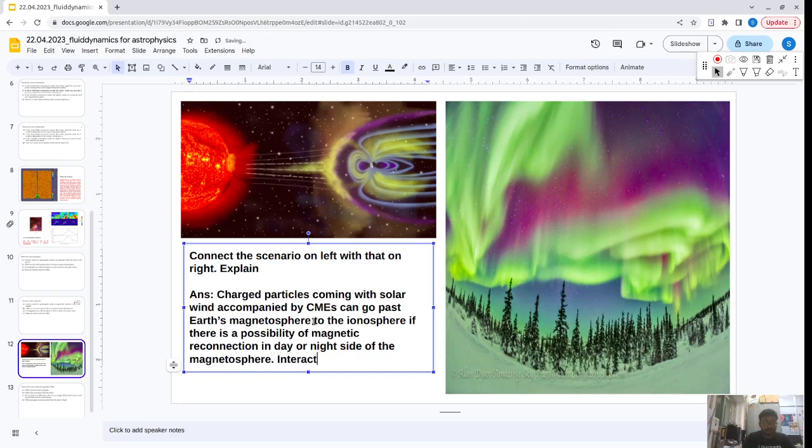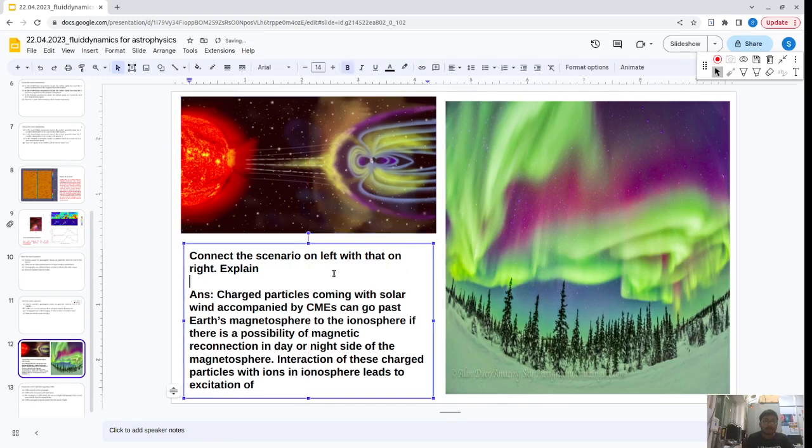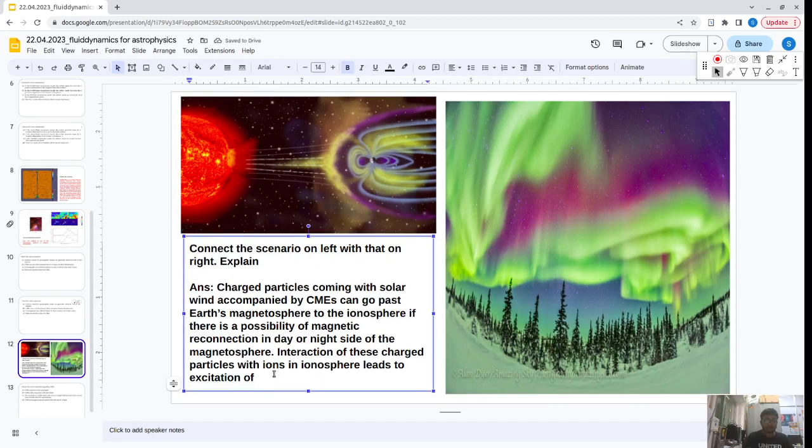Interaction of these charged particles with the ions in the ionosphere leads to excitation of ions.